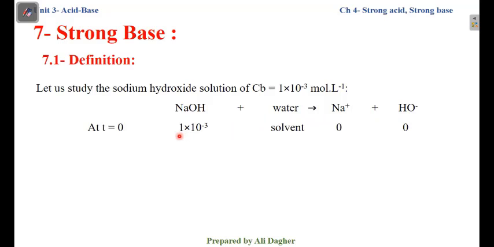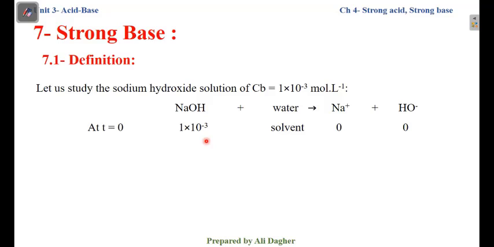At T equals 0, consider sodium hydroxide completely dissolved in water before it ionizes. The concentration of NaOH dissolved equals 1 × 10 negative 3 mole per liter. Before the ionization, 0 and 0 for Na plus and HO minus.